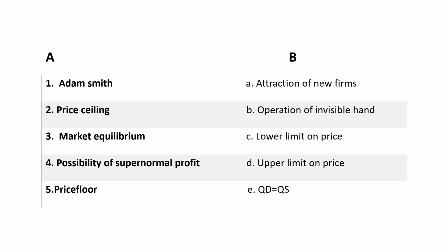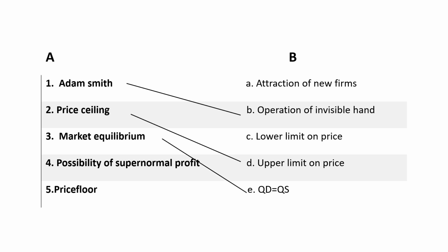Now let us discuss one more question and match the following. Adam Smith, as we know, price mechanism is known as operation of invisible hand by Adam Smith. Price ceiling, it is an upper limit imposed by government on particular goods, especially agricultural goods. Market equilibrium, where quantity demanded is equal to quantity supplied.